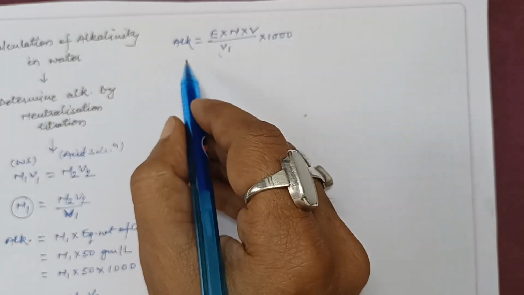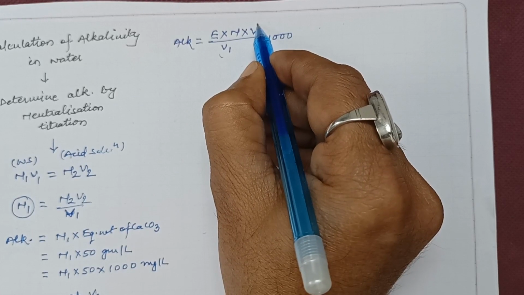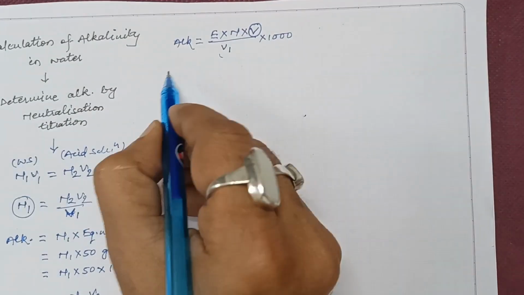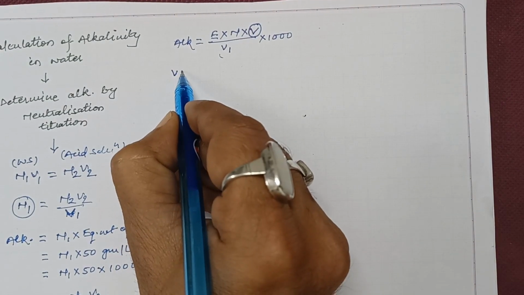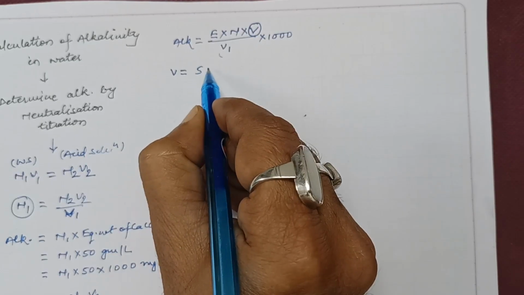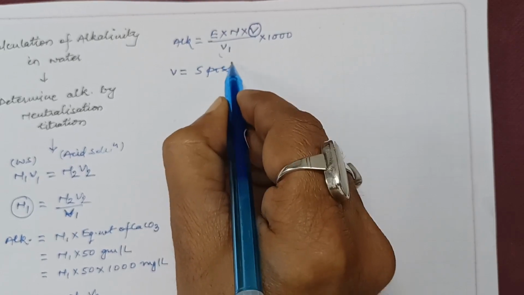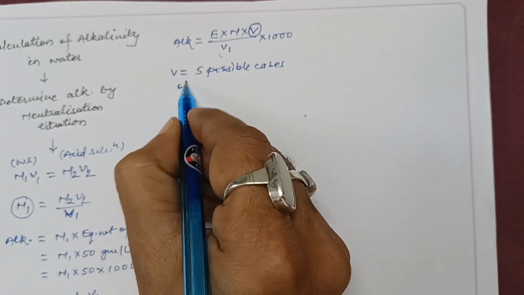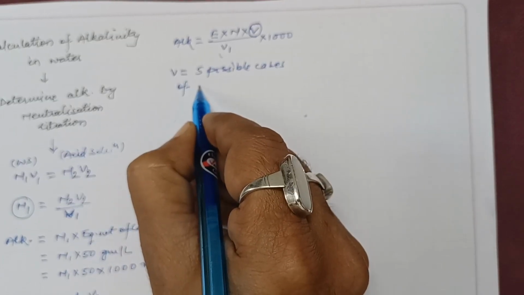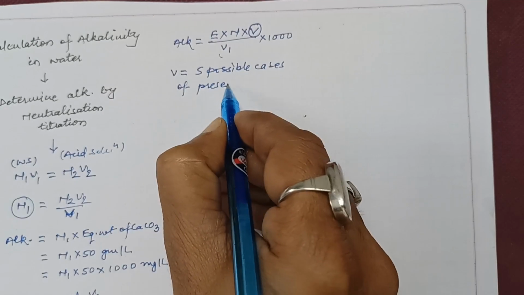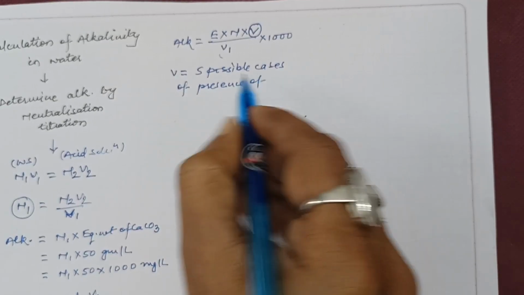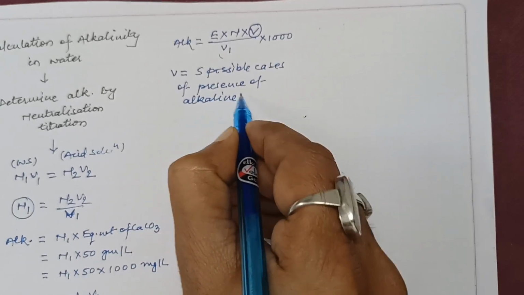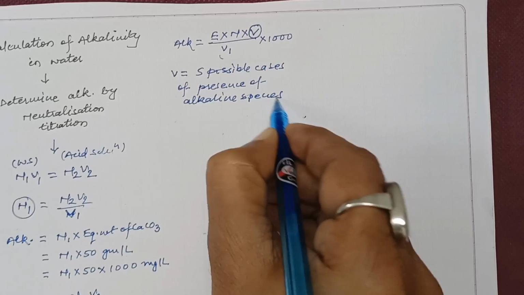So while using this formula, the value of V is very important for us. Why? Because this V gives the 5 possible cases of presence of alkaline species in water.